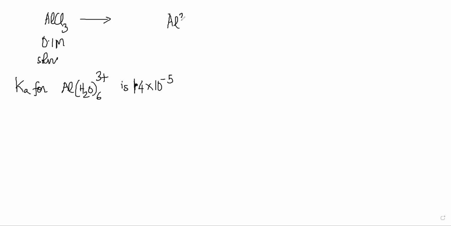It becomes Al3+ and 3Cl minus. This Cl minus will remain inert, because it is a strong acid's conjugate base. This is going to remain inert. However, this is going to be fairly acidic.